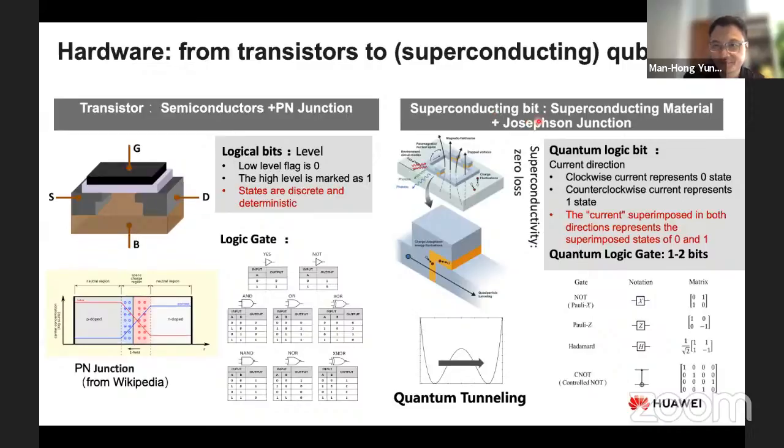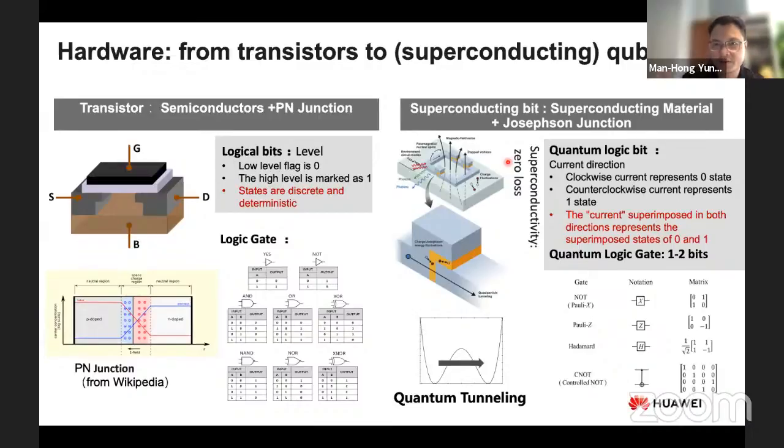At very low temperature, the usual conductor becomes a superconductor, and so it basically has no resistance. Okay, so why is there no more resistance?